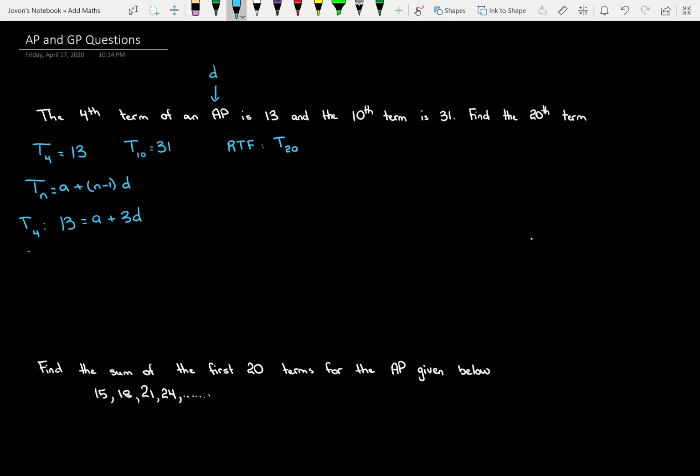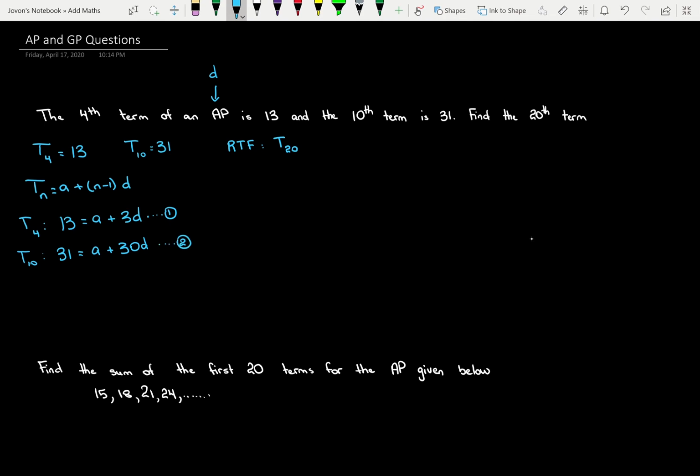Our 10th term, we know 31 is equal to a plus 10 minus 1, which is 9d. And notice we have two equations here, and these equations we can solve simultaneously. So let's say this is equation 1, this is equation 2.